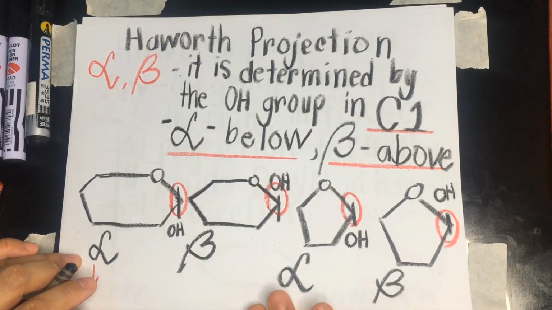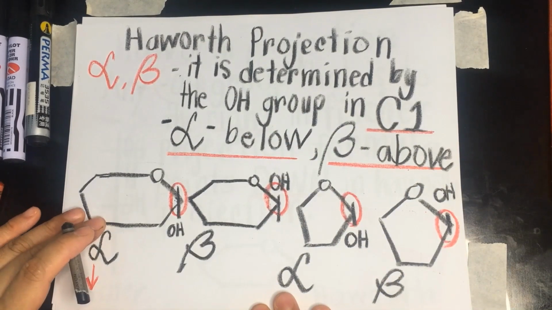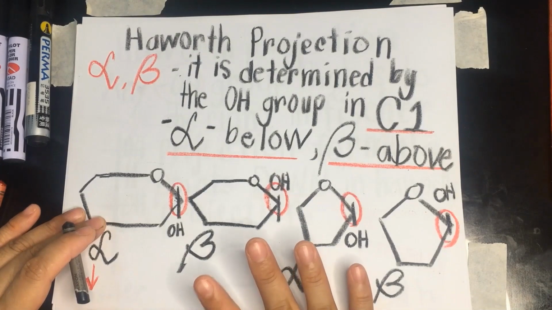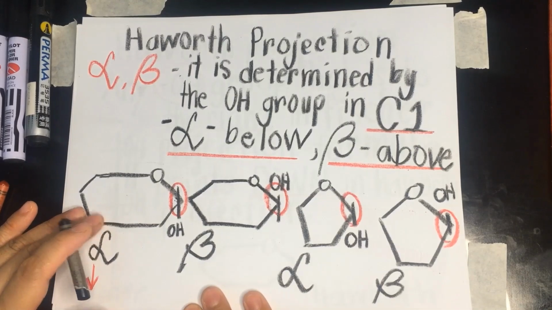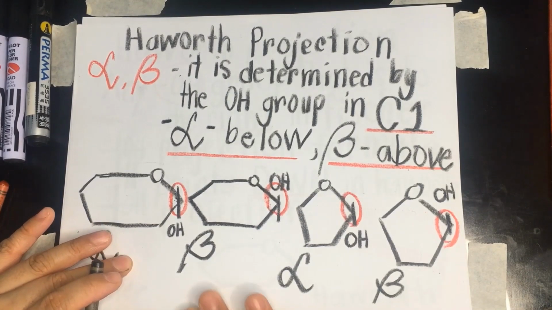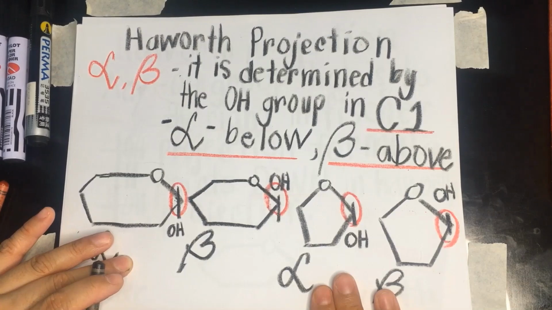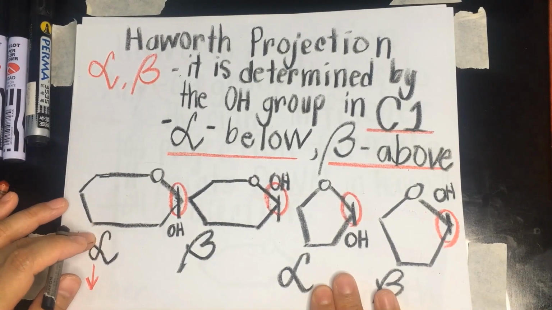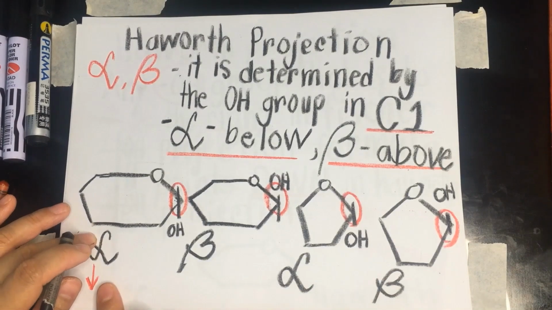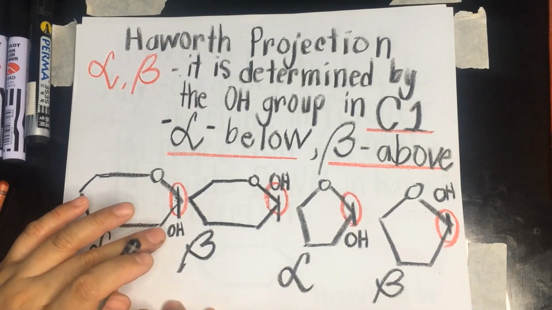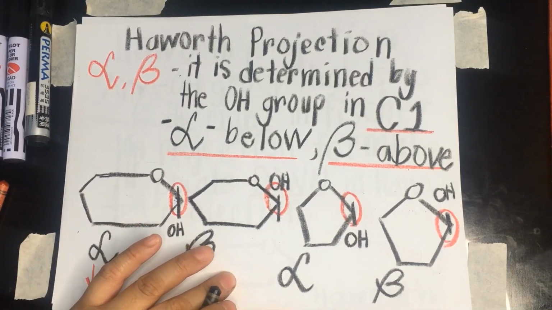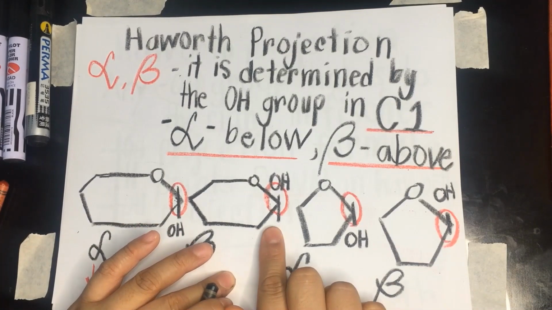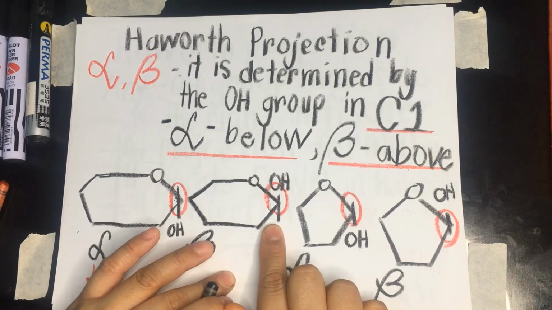Again, in Haworth projection, we are going to determine if it is alpha or beta in the C1 location in the pyranose ring or in the furanose ring. Now, if it is alpha, it means we are going to place the hydroxyl group downward, or below. If it is beta, we are still going to place the hydroxyl group in the upper portion.